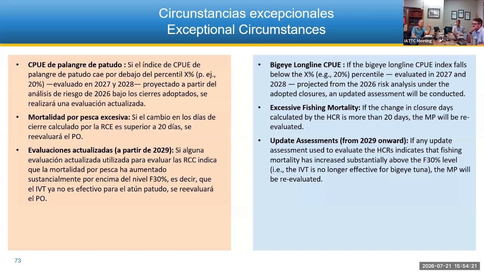So if the harvest control rule actually says that we should be increasing the days of closure by 20 days or more, that indicates this might be a concern. So we might want to reevaluate the management procedure there.